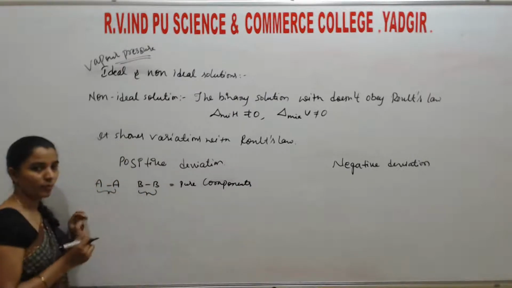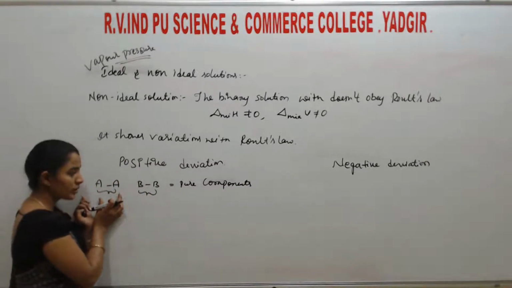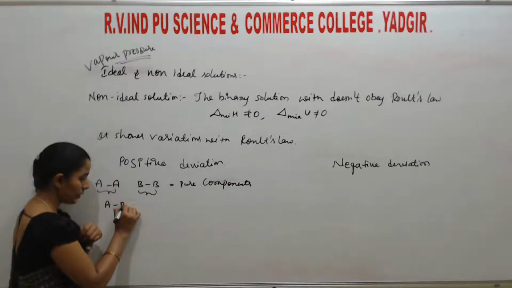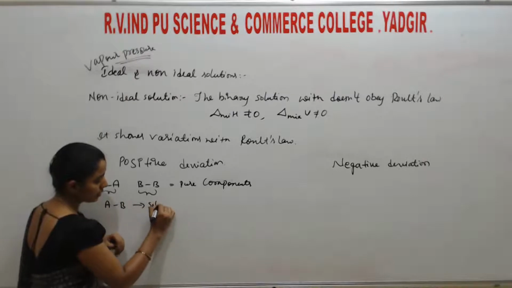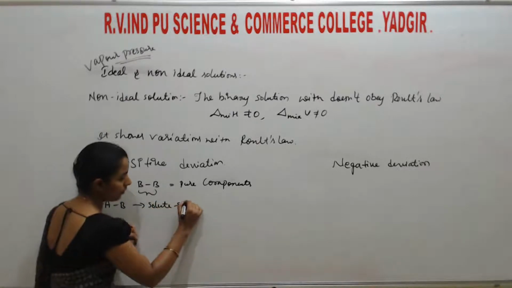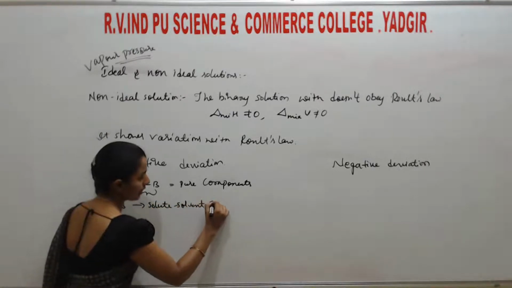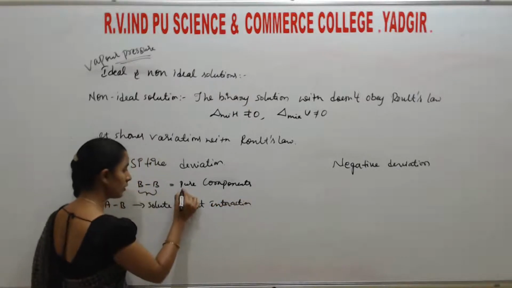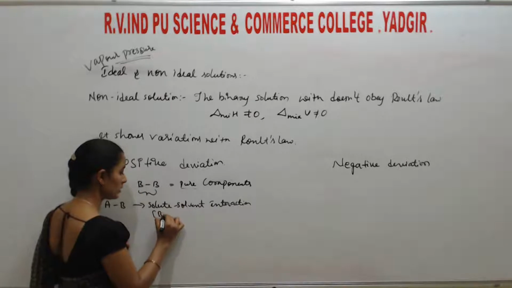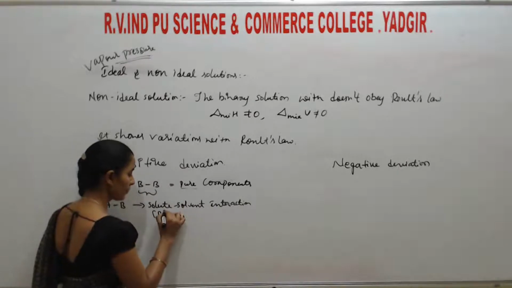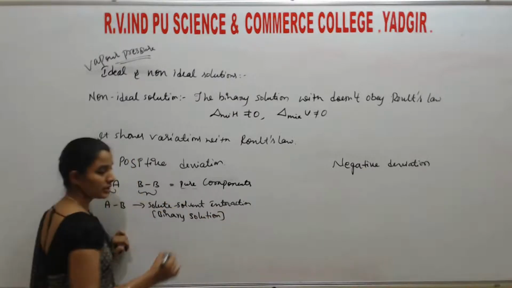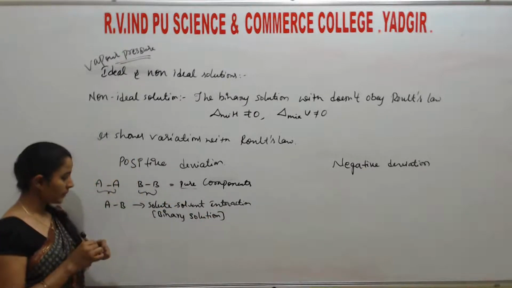And another one AB, the solute-solvent interaction. So this is not a pure substance, this is a binary solution. So here what happens, students?